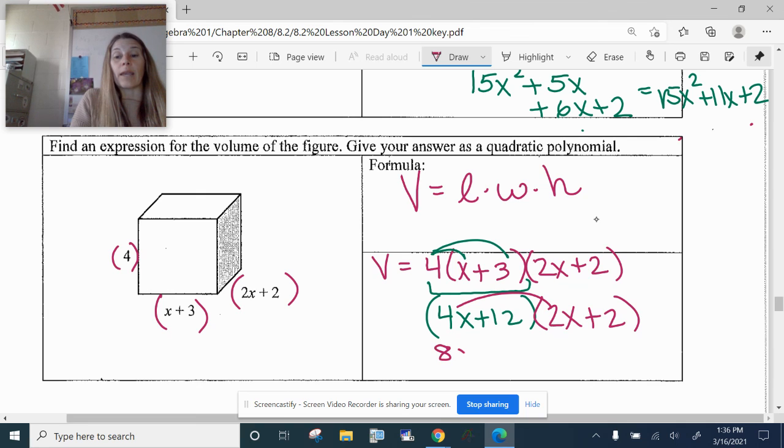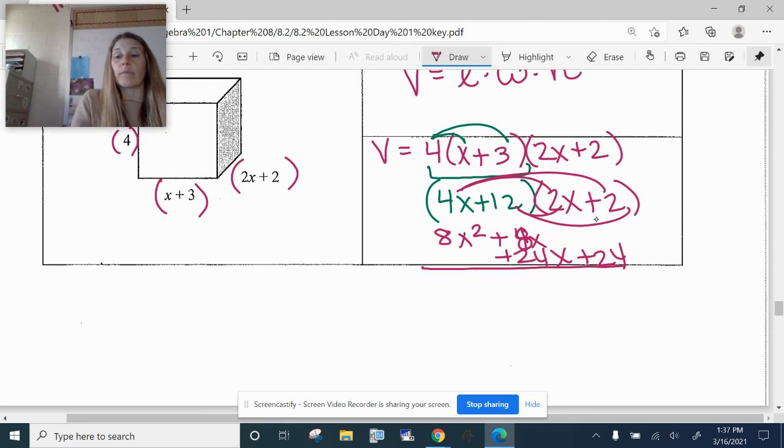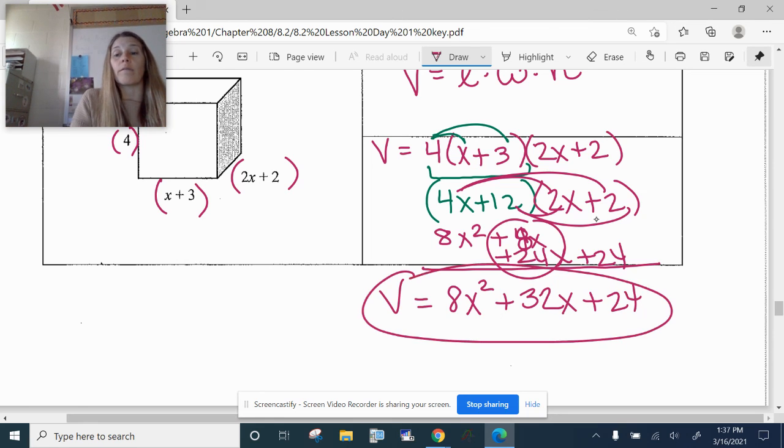So that will give me 8x squared plus 8x plus 24x plus 24. And then, of course, I want to combine my like terms. So I have 8x squared. 8 and 24 is 32x plus 24. And, of course, this would be my volume.